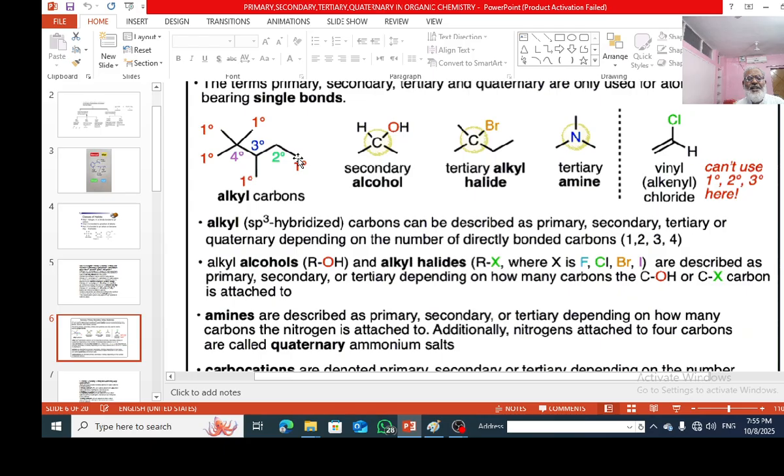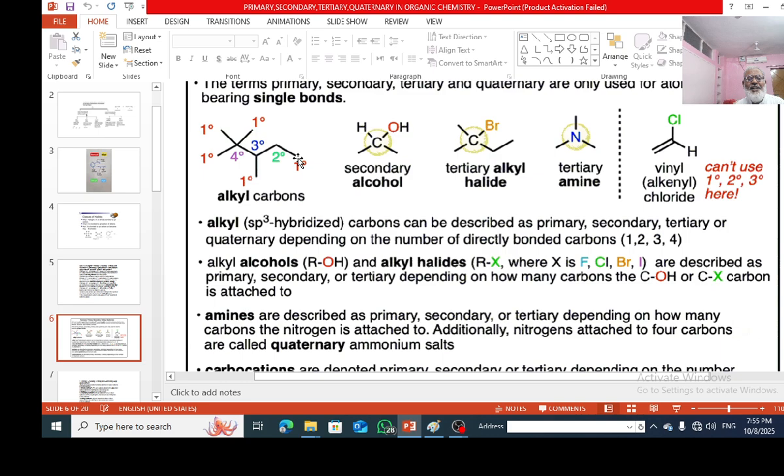This particular carbon where my cursor is pointing is bonded to 2 carbons, 1 carbon and the second carbon. It means this is secondary. And look at this where my cursor is: this particular carbon is bonded to 3 carbons. This is the first, this is the second, this is the third. That's why this is known as tertiary carbon.